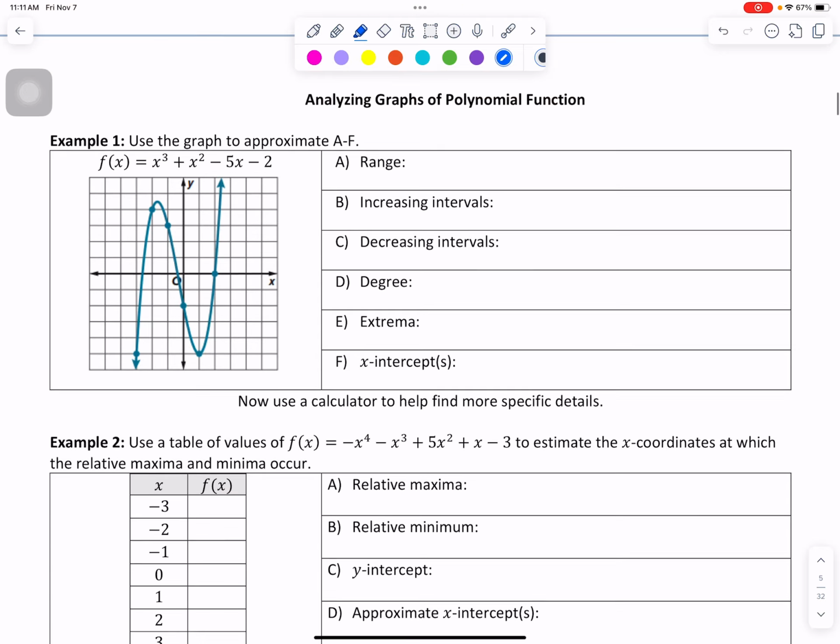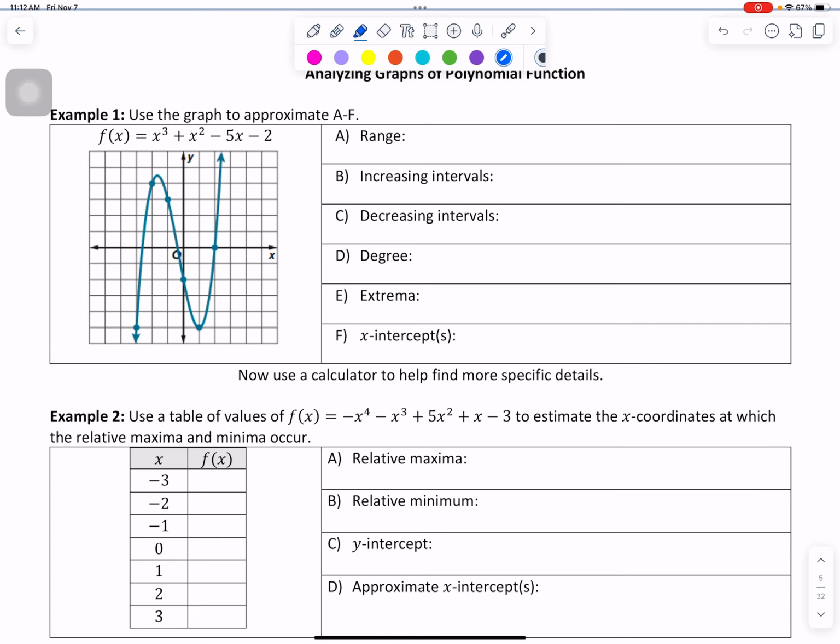So if you didn't push pause, then follow along. Otherwise, if you did push pause, then check the answers as I write them.